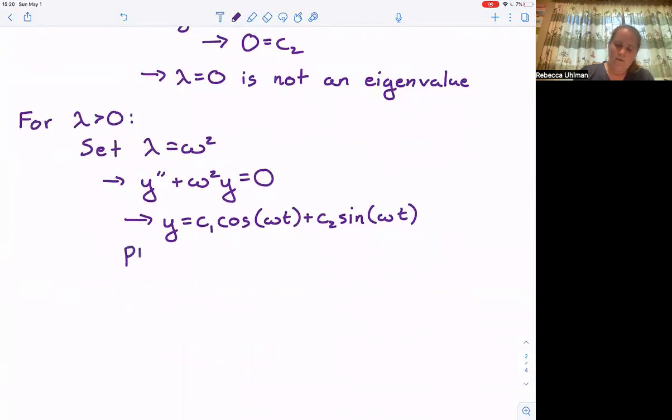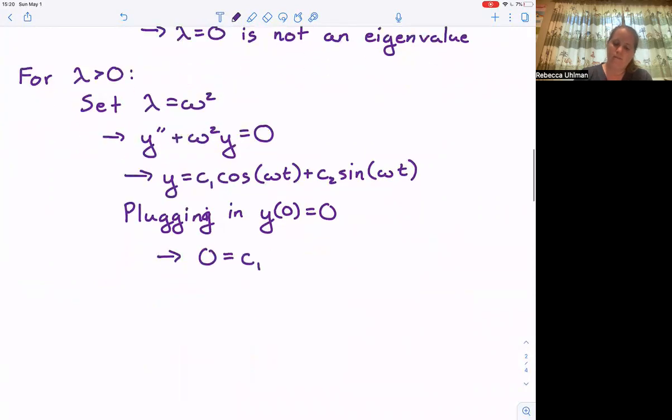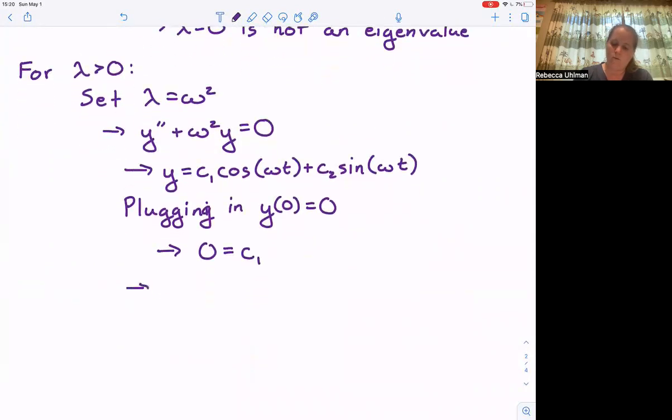Plugging in y of 0 equals 0, we wind up getting that 0 is equal to c1. And so we know that y is equal to c2 times sine of omega t.